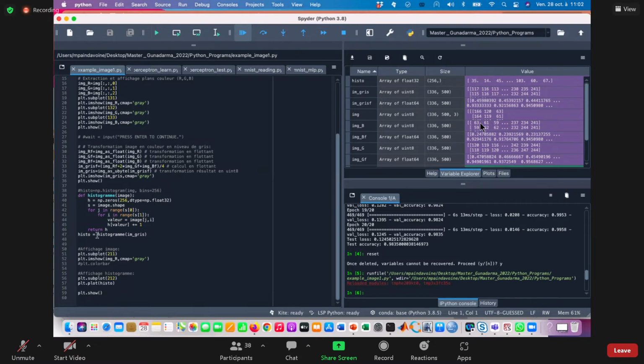I calculate this table, because a histogram is like a table, okay? And here I calculate the histogram of this variable. This variable is an image here, okay? So that is what I obtain here.